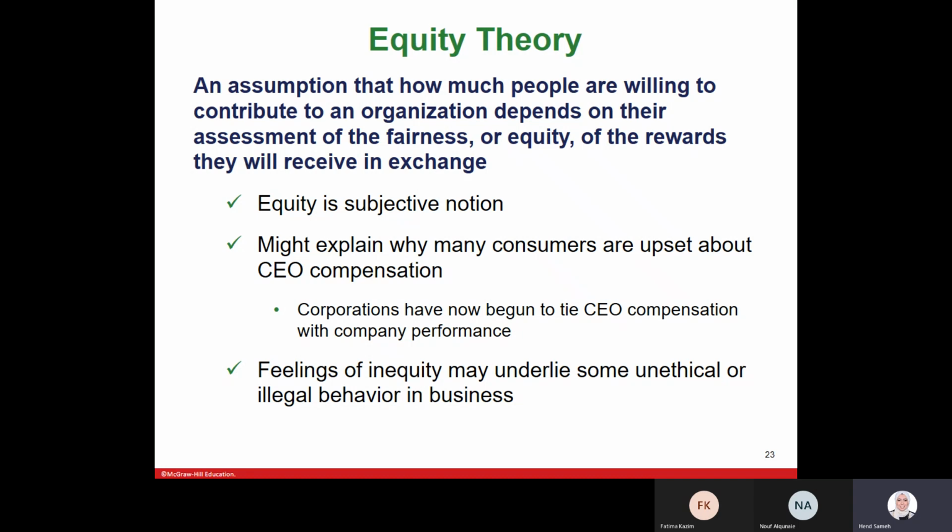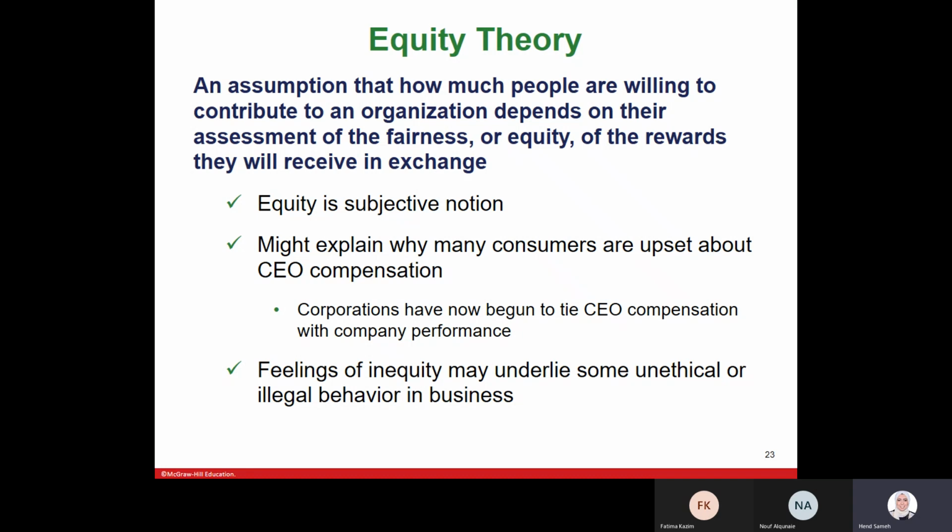But if I believe that I don't get what I deserve, I don't have any rewards that compensate my work, my time, my effort, I will feel like I'm not treated as I should. So I will not do any extra work. This is how it is. So this is equity theory.